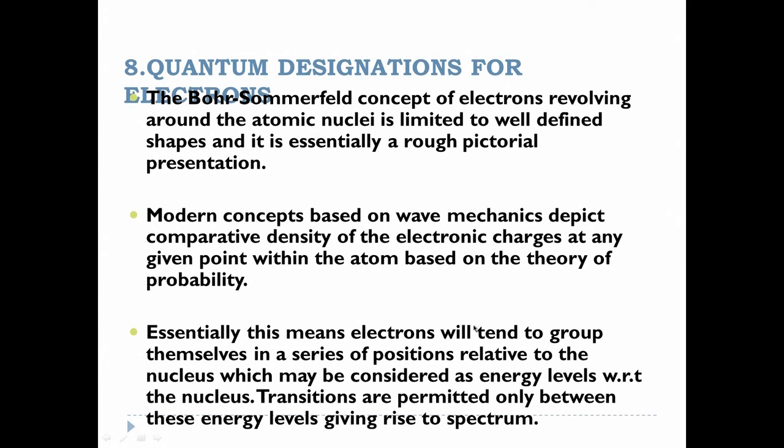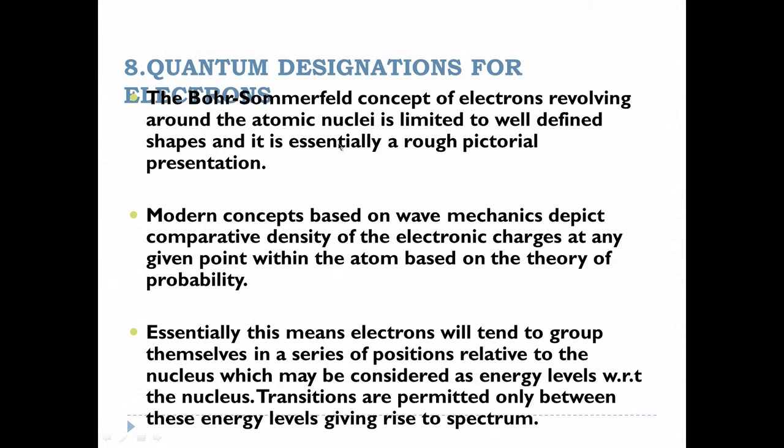Now, having known the structure of the atom and a little bit about the periodic table, what we want to say is that the concept of electrons revolving around the atomic nuclei, with well defined shapes, is essentially a rough pictorial presentation. You must always remember that in the electronic representation of the orbits and orbitals, there are no exact figures.